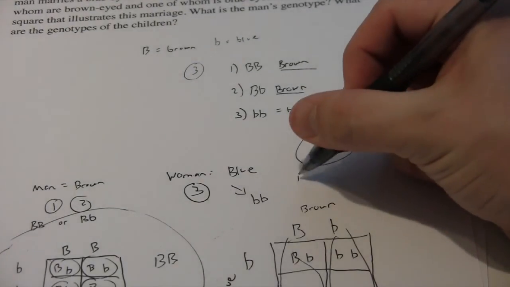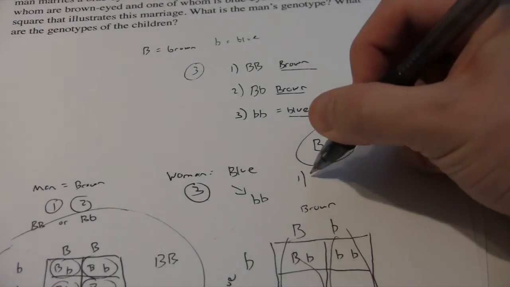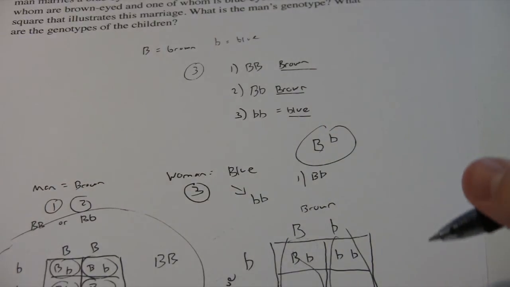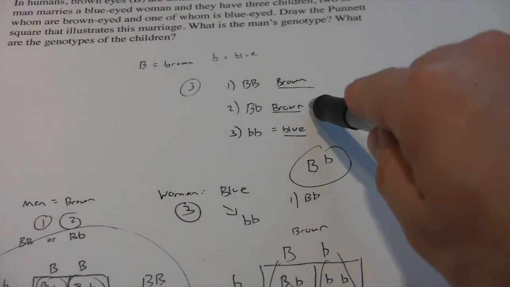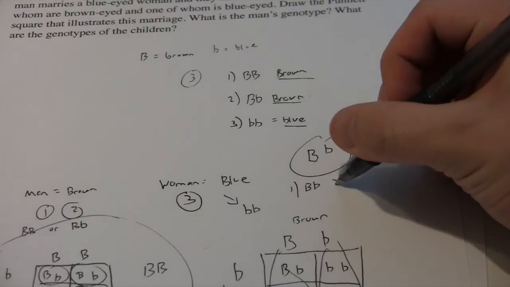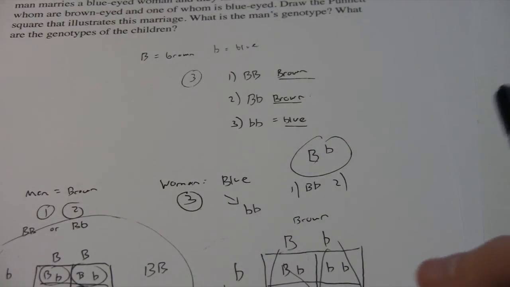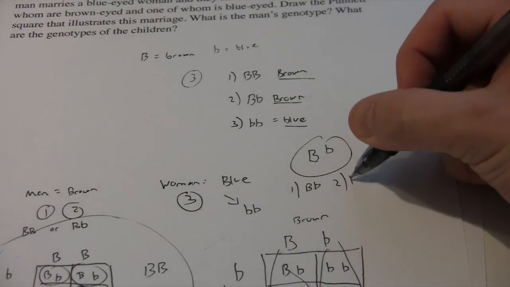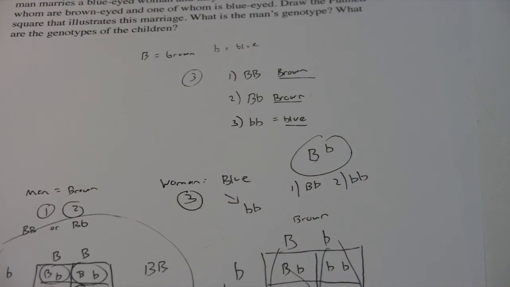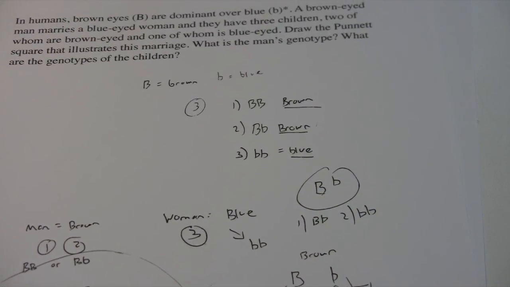The first is that the brown-eyed children's genotype is capital B, lowercase b, which, if we look back to our chart, is option 2. And the second, what is the genotype of the blue-eyed child? That has to be homozygous recessive, lowercase b, lowercase b. So that's that problem, and that's a general way of working it out.